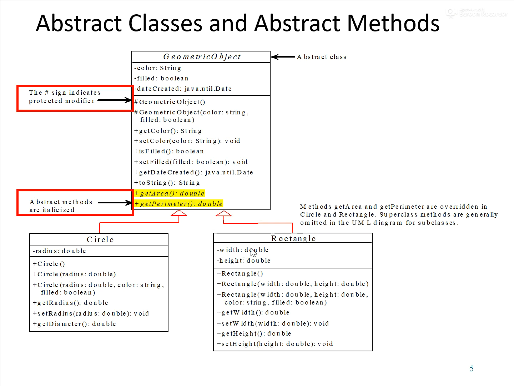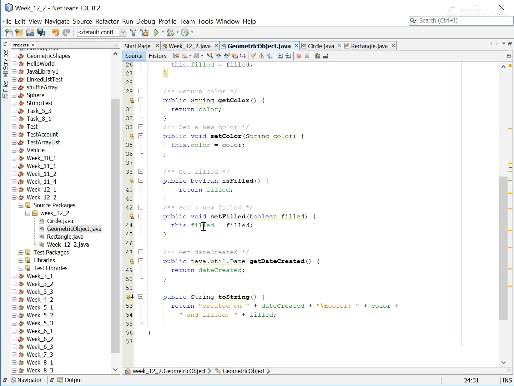And finally, the last change to the GeometricObject class is these two methods, getArea and getPerimeter, which used to be in the Circle and Rectangle classes. These are now abstract methods of this GeometricObject superclass.